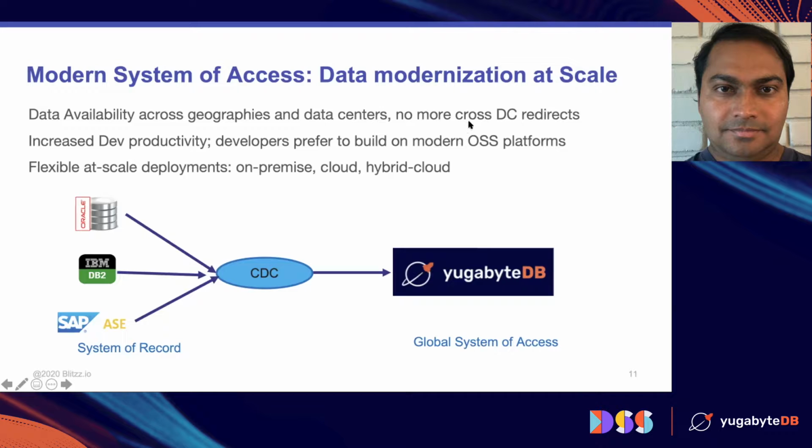There are no more cross data center redirects, as with the previous architecture. If you are a user in California but the data is sitting in Virginia, you would have to redirect to some other data center. Those problems are gone with modern systems, and most importantly, you're opening up the data for all your developers who are the next generation and want to build on these modern architectures.